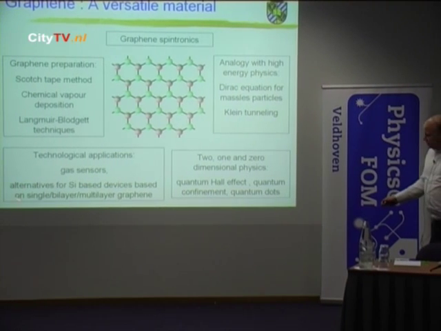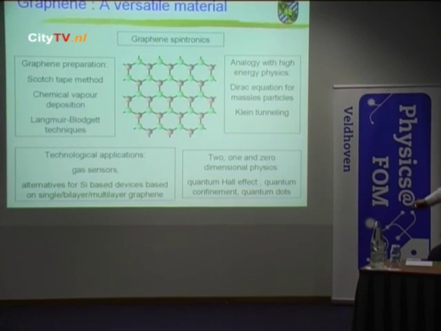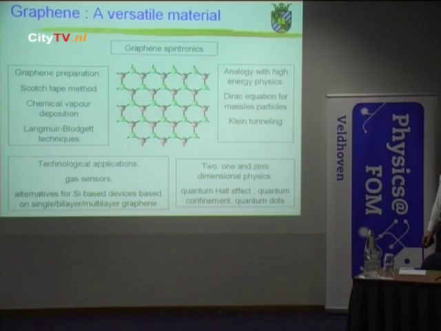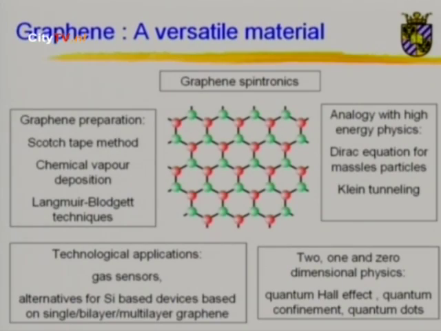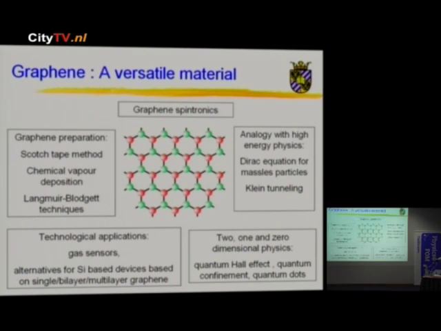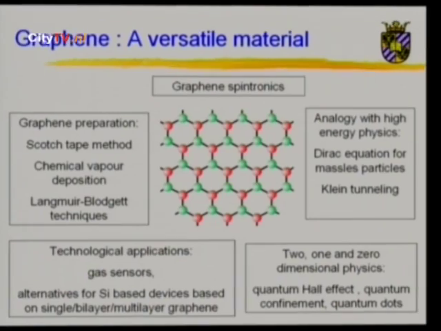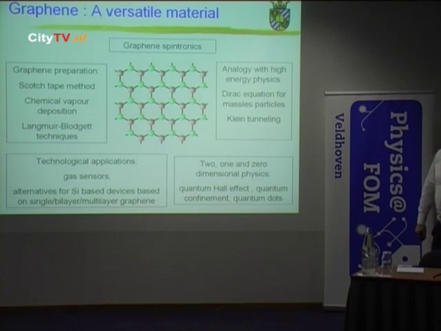I have already said that you could think about making alternatives for silicon technology by making artificial semiconductors using bilayer graphene. That is clearly still in its infancy, because people are trying to do that, and you really have to explore this. Of course I'm not going to believe that graphene will replace silicon, but certainly in the area of sensors, in dedicated devices, clearly graphene is already making an impact.